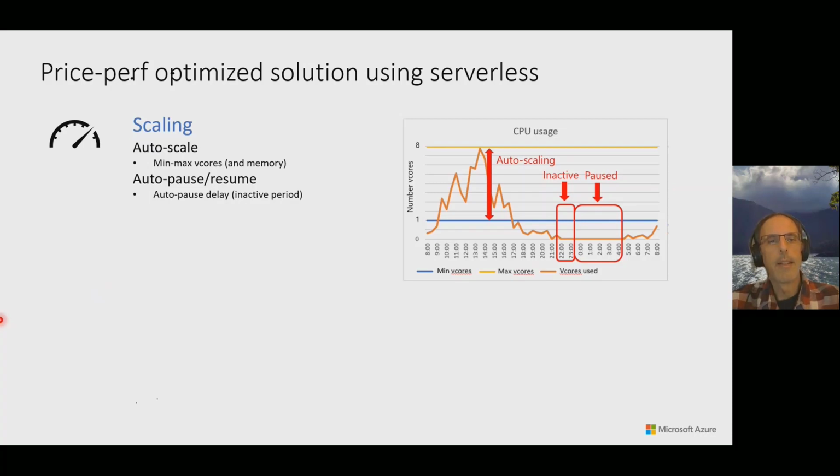The second key scaling capability in serverless is automatic pausing and resuming. So in this case, after a configurable period of time called the auto pause delay, where the database has been inactive, the serverless will take the liberty to pause the database, pass those additional cost savings back to the customer, and then automatically resume the database once activity returns.